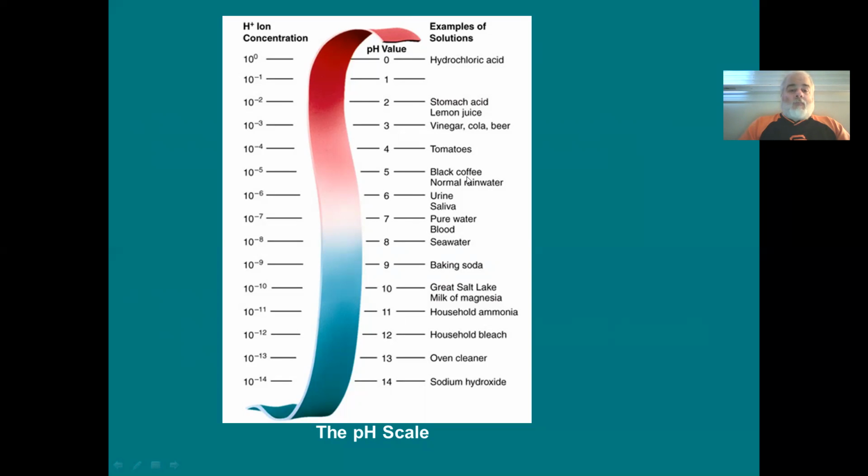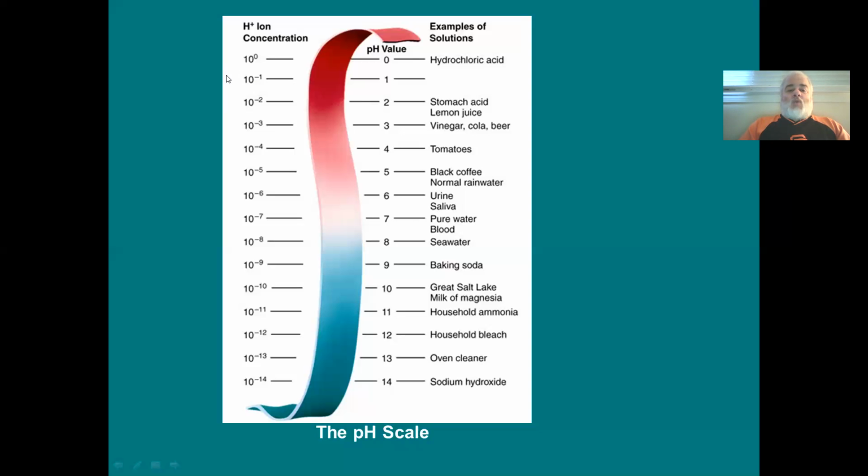So let's look at something like lemon juice, 10 to the negative 2. What does that mean? 10 to the negative 2 is, what's 10 to the 2? 10 squared is 100. So to the negative 2 is 1 over 100, or 1/100th. All right?